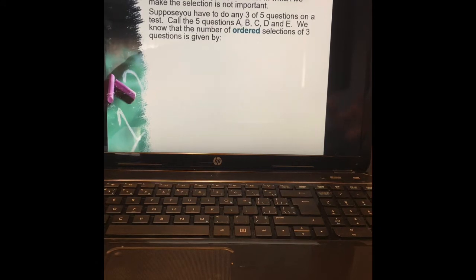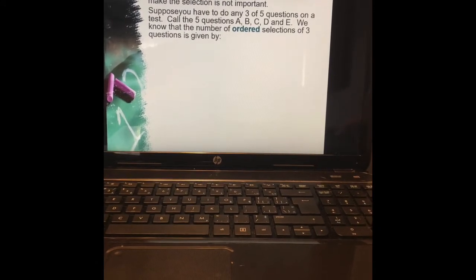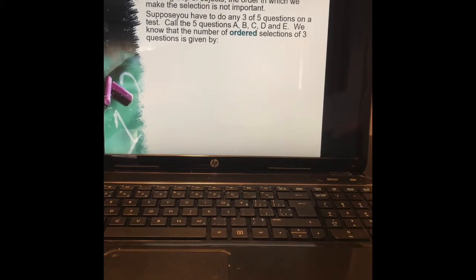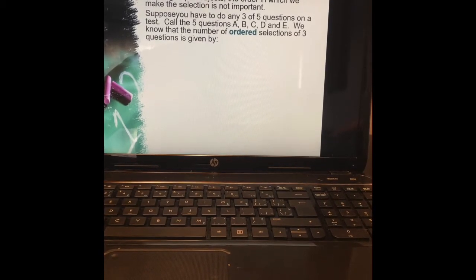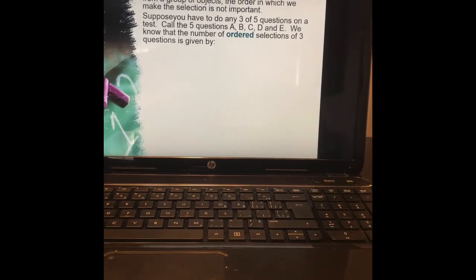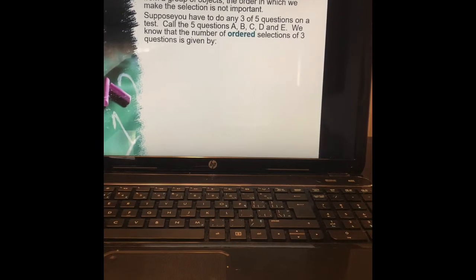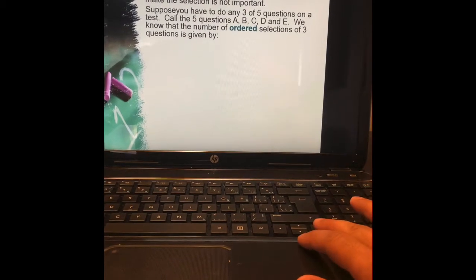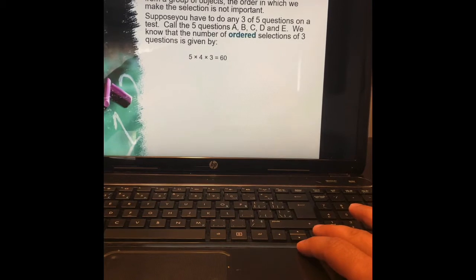So let's take a couple more examples of situations where order doesn't matter, and hopefully that clarifies that you don't want to double count. Suppose you have to do 3 of 5 questions on a test. If you lettered the questions A, B, C, D, and E, the ordered selection of 3 questions would be 5, 4, 3.